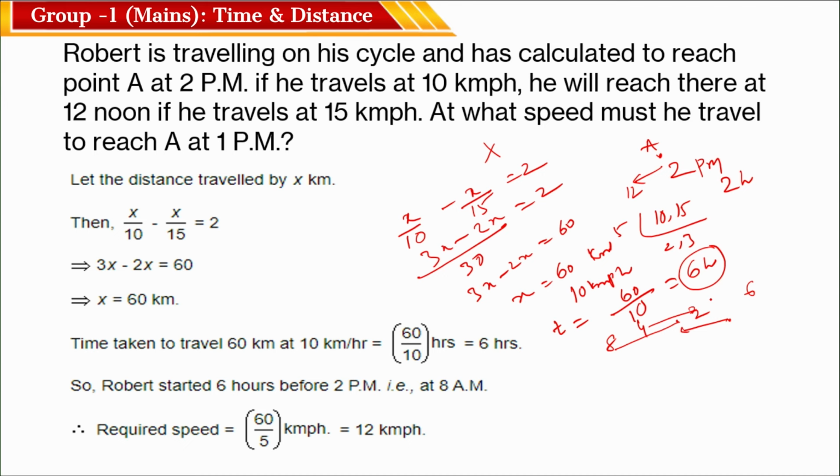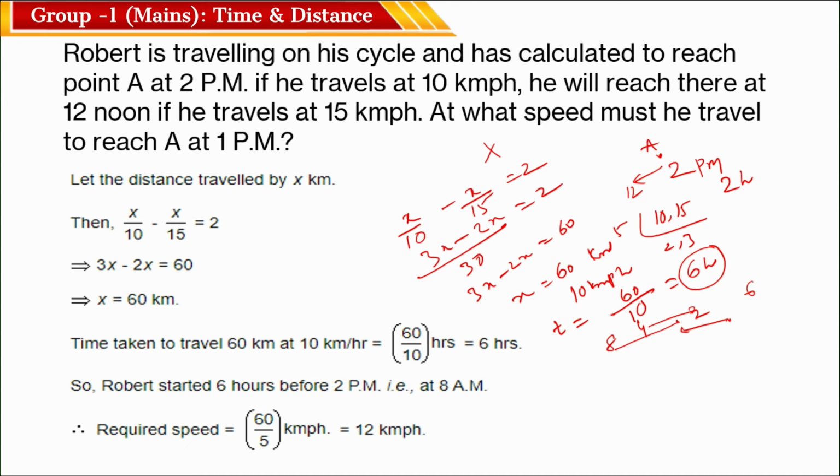So, when he started at 8 a.m. and travelled by cycle with the speed of 10 kilometers per hour, he reaches the point A at 2 p.m.